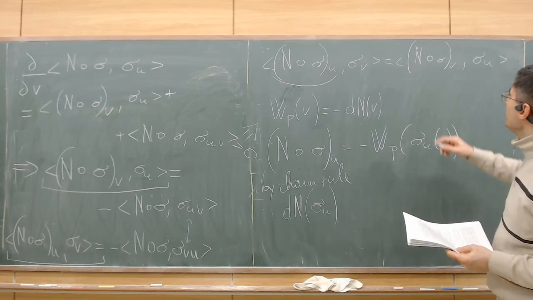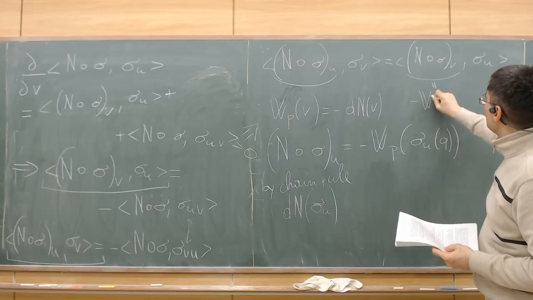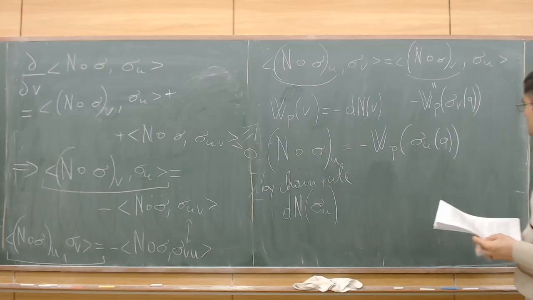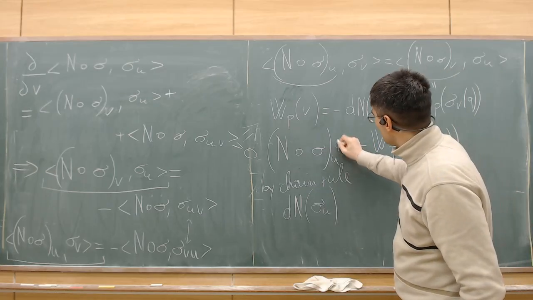In the same way, this one is minus WP sigma v at q. The reason why there is a q here is that there is a q here which I omitted.